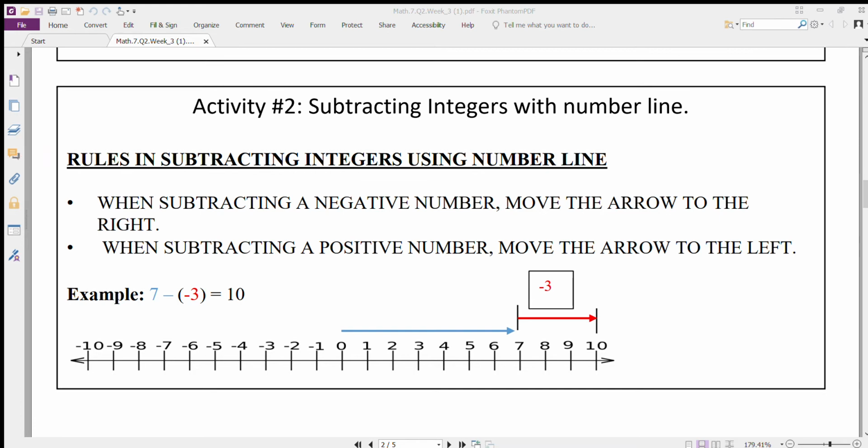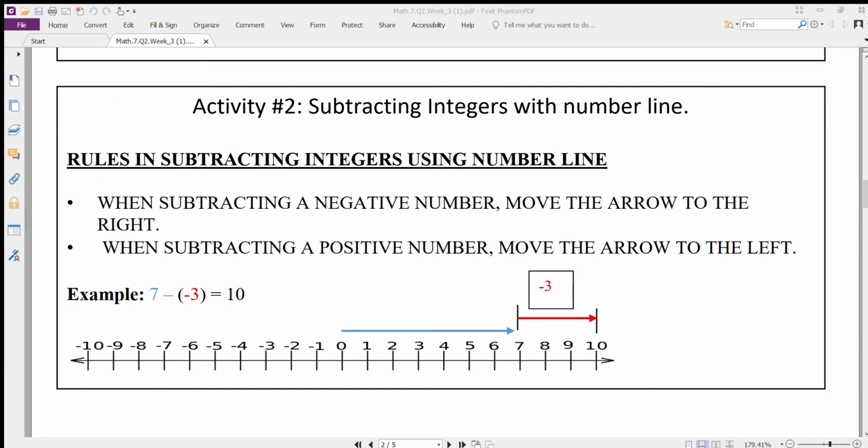Well, let's have an example. Let's say we have negative 7 minus 5. So negative 7 stays the same, minus becomes plus, and 5 becomes the opposite, which is negative 5.